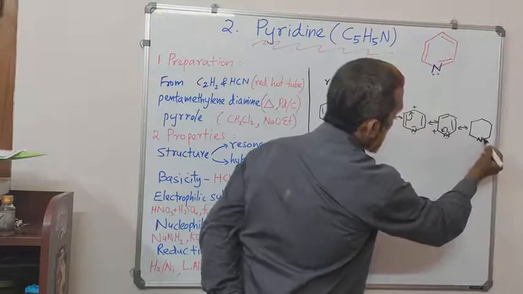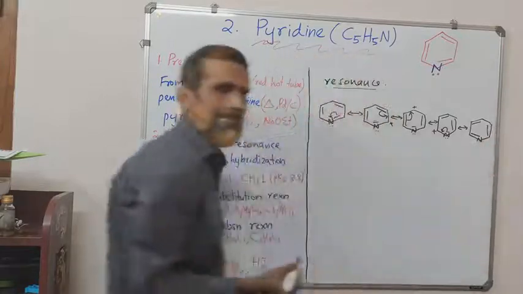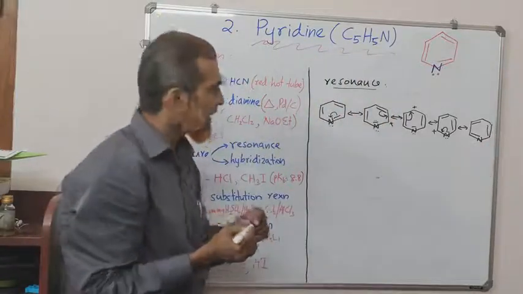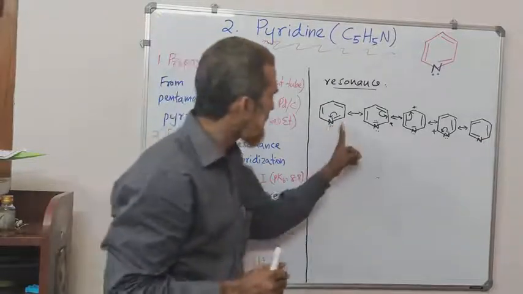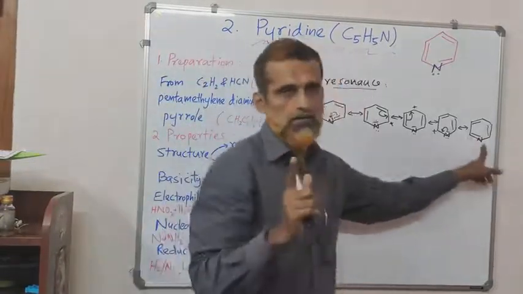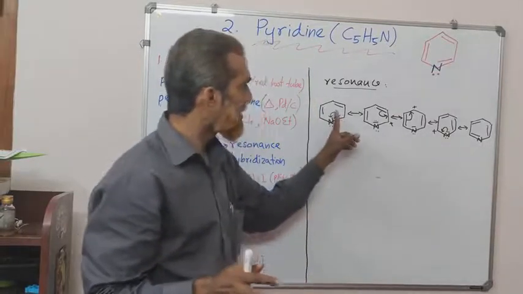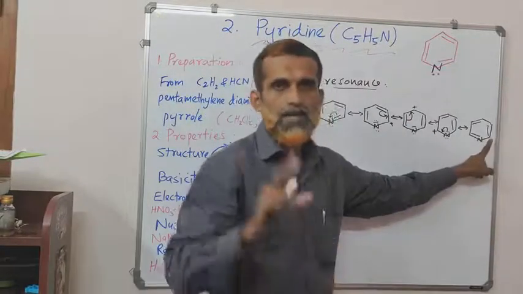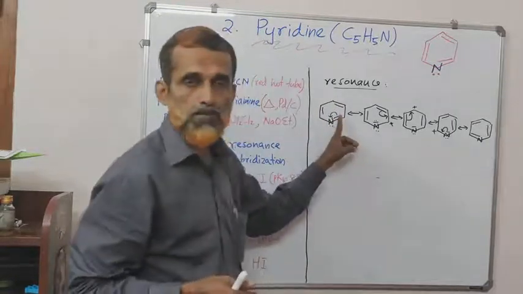So as usual, here also we have 5 structures altogether. Out of these 5 resonance structures of pyridine, the first one and the last one are chargeless, neutral, no charge, and these are like the Kekulé isomers of benzene, changing the position of the double bond.